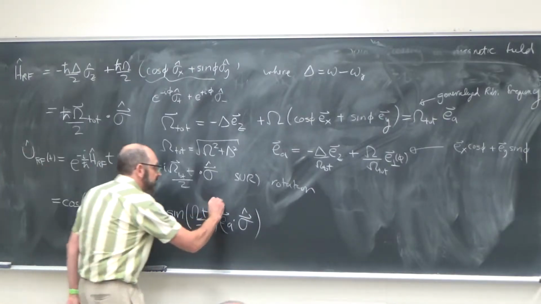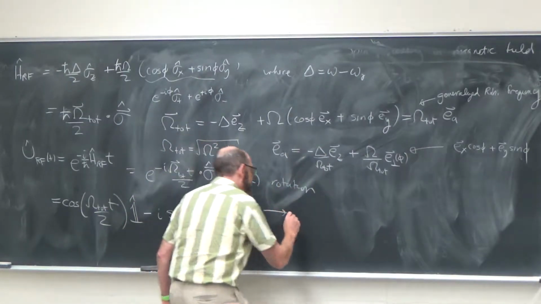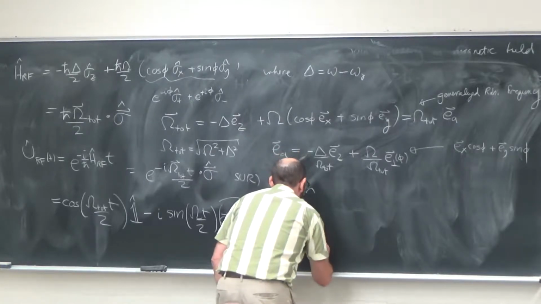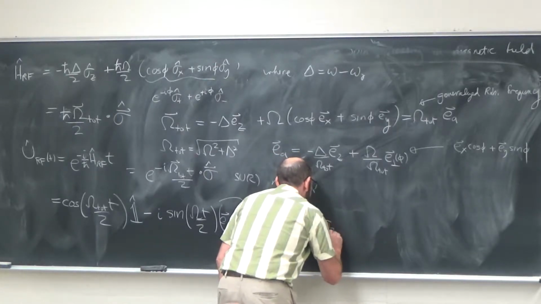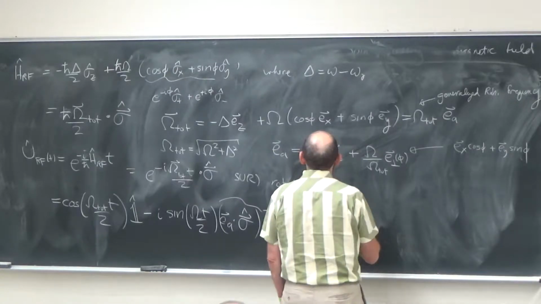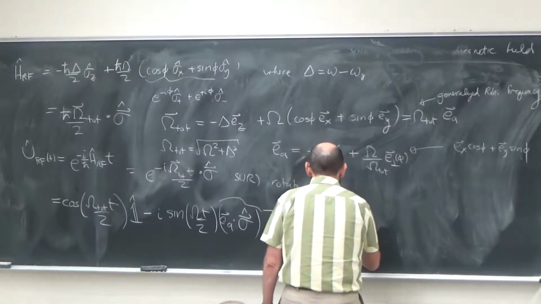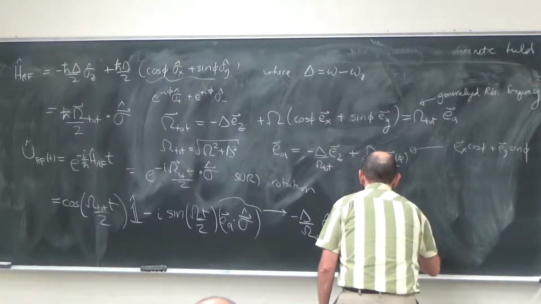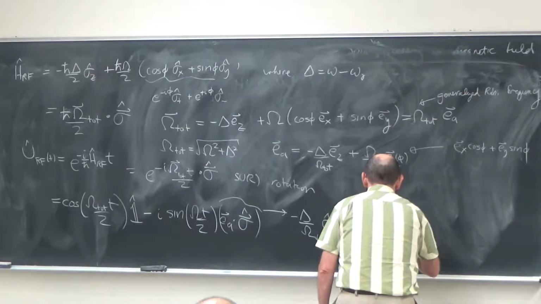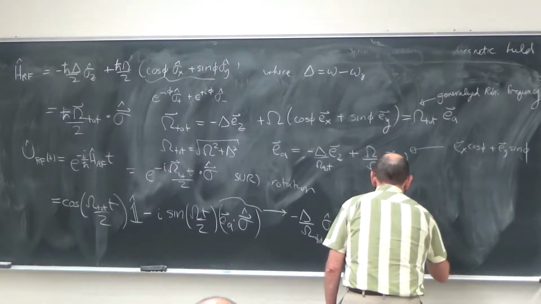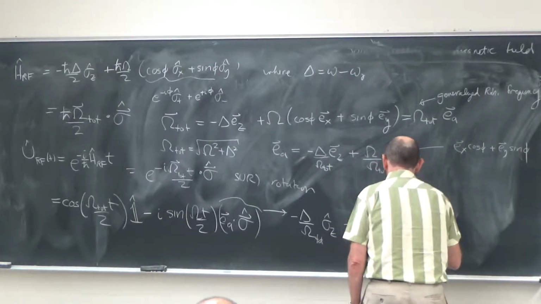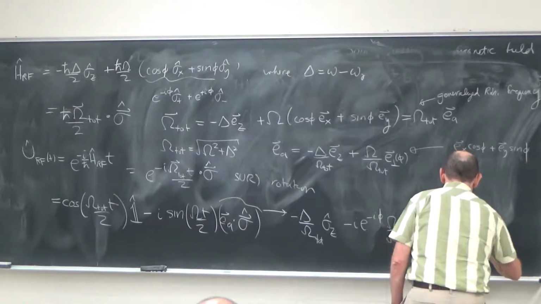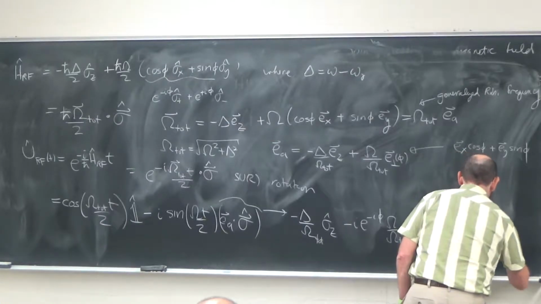And this, according to what we have over here, is minus omega tilde, delta over omega tilde sigma z, blah, blah, blah, minus i e to the minus i phi omega tilde sigma plus, minus i e to the plus i phi omega tilde sigma minus.